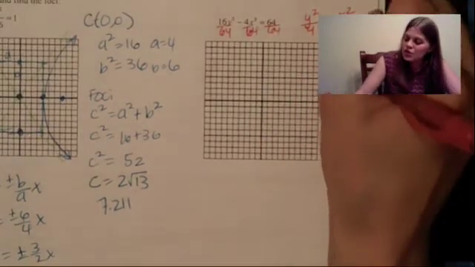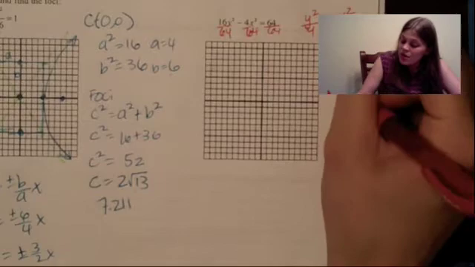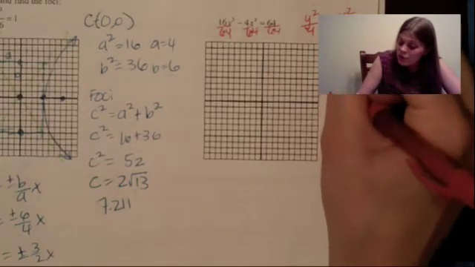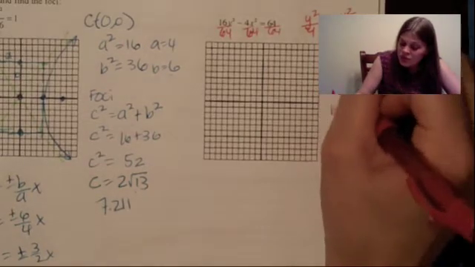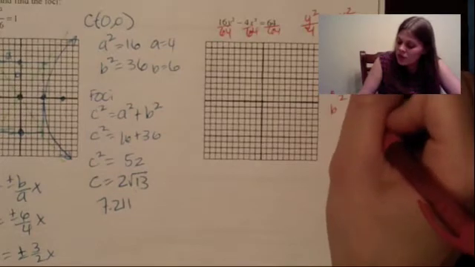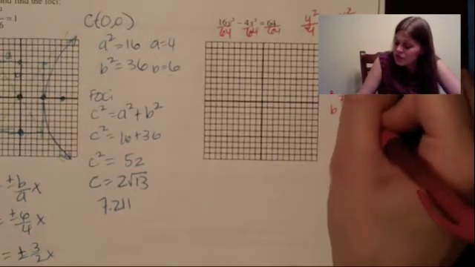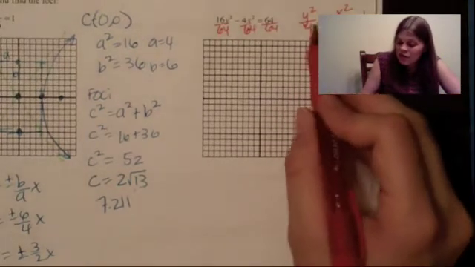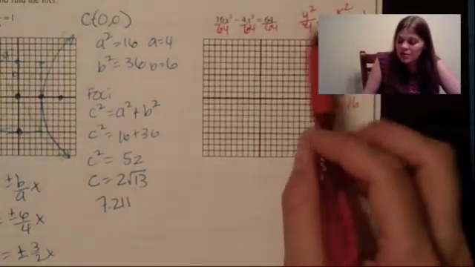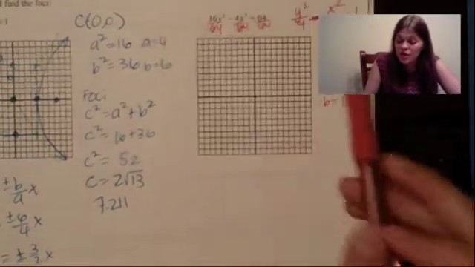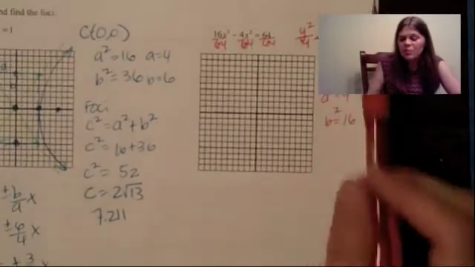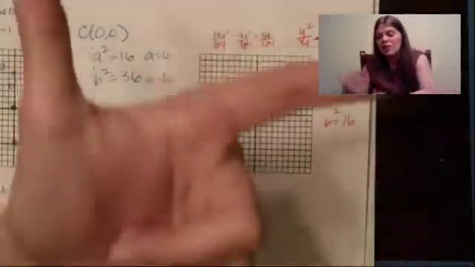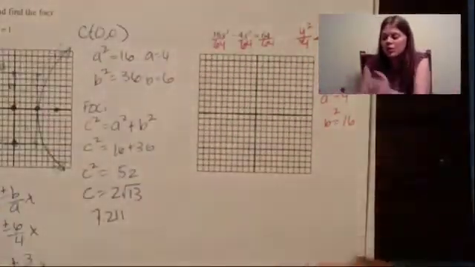So your center is at 0, 0. Your a squared is 4, and your b squared is 16. Notice that the a is always on the left-hand side, regardless that we've switched the y to be first. Since the y is first, though, that means that our hyperbola is going to be opening up and down.